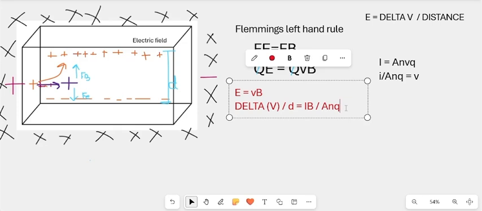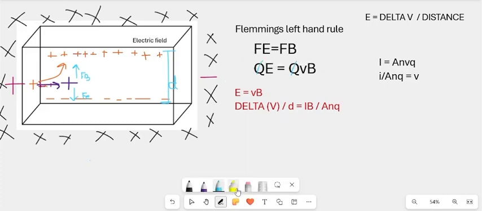Now let's simplify it even further. What's area equal to? This is a cross-sectional area. If this is the distance and this is the thickness, then if I were to cut out a part of this, I will get this distance and this thickness as my area.